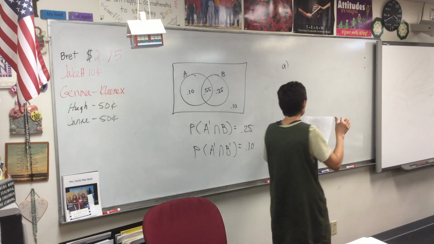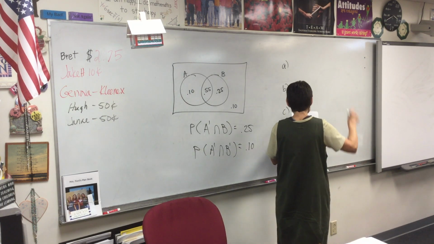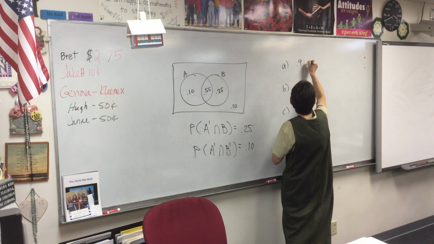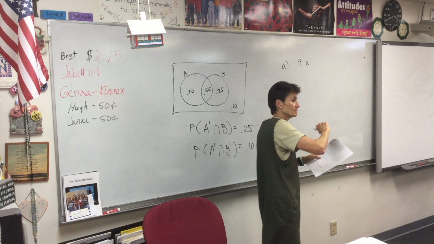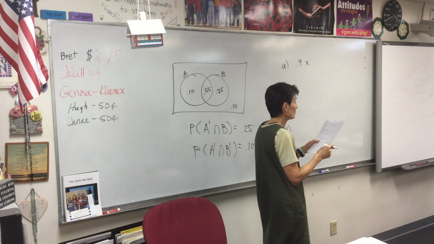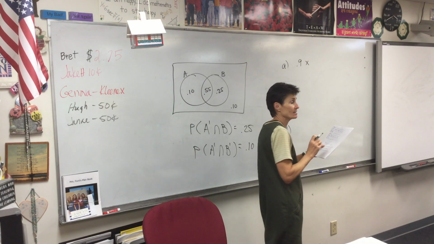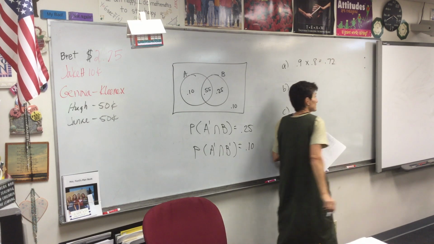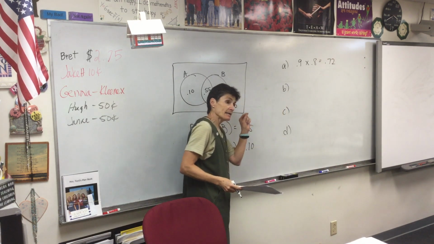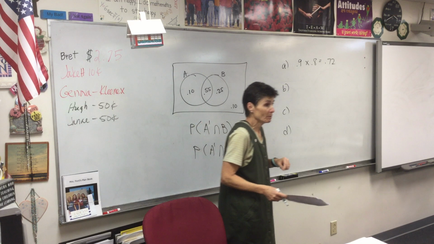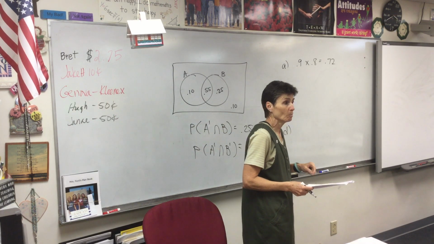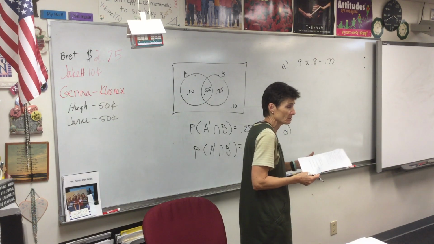So what's the probability the first one does not like science? 0.9. And times the second one does not like science. 0.8. So the answer is 0.72. If you are uncomfortable multiplying those decimals, then do it on your calculator. Don't blow points because you can't multiply decimals.